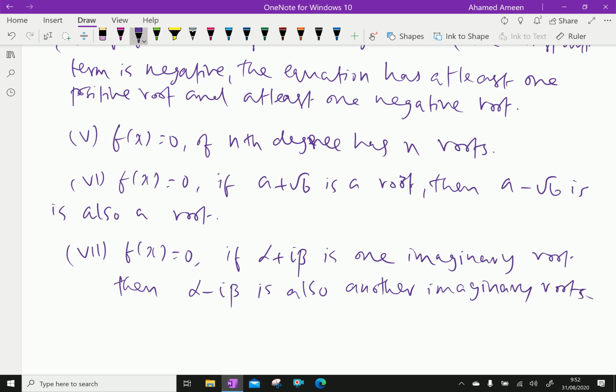These are the important points regarding the solving of a polynomial equation of degree n.